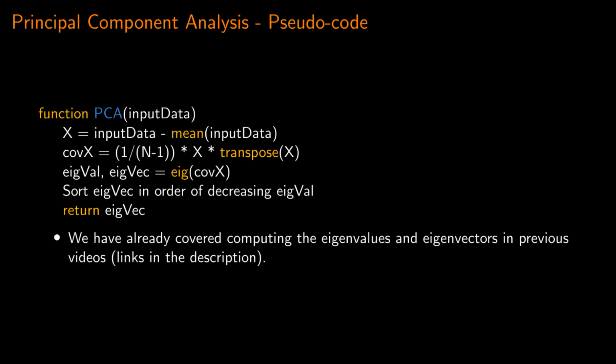Now, we've already covered how to do that in previous videos, so I'm not going to go over that again, but I will put a link to those videos in the description below. Finally, we sort the eigenvectors in order of decreasing eigenvalue, so the eigenvector with the largest corresponding eigenvalue is first, followed by the second largest eigenvalue, and so on. And that's actually all that we need to do. We can then just return the resulting eigenvectors, as they are actually the principal components.